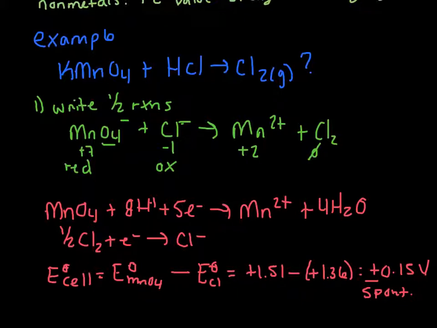Once again, you could go through and determine your delta G, but be careful when you do that, because as of right now our half reactions do not have the correct balancing of electrons. You would need to fix that for full transfer, but you could calculate your delta G in this particular situation if you needed to.